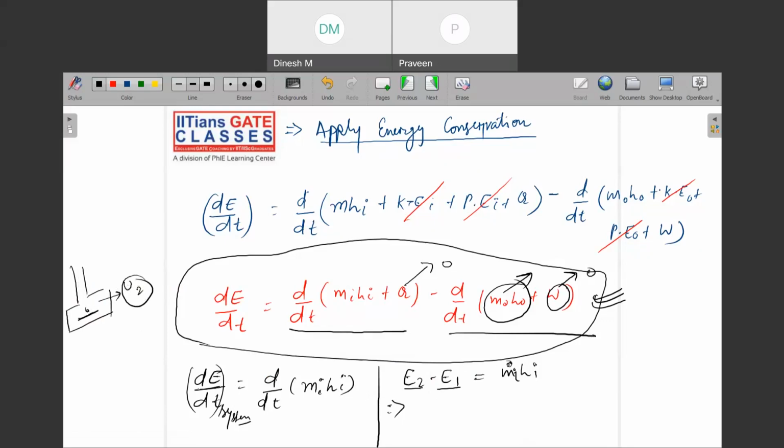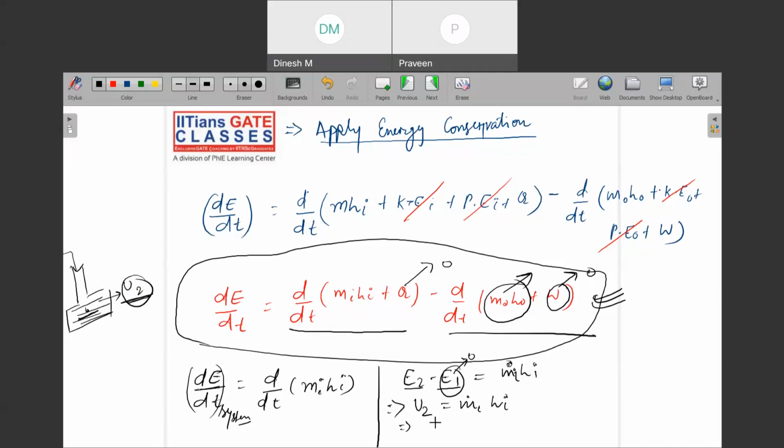Why? Because whatever has come in has settled down. It is not flowing anywhere, that means it is constant. So this is U2 and E1 is directly 0, since initially this is evacuated, and this is mi times hi.